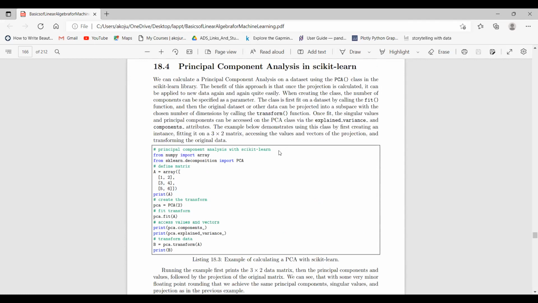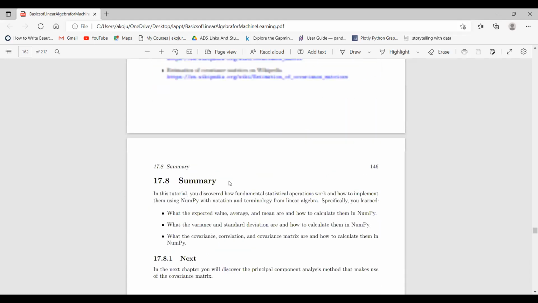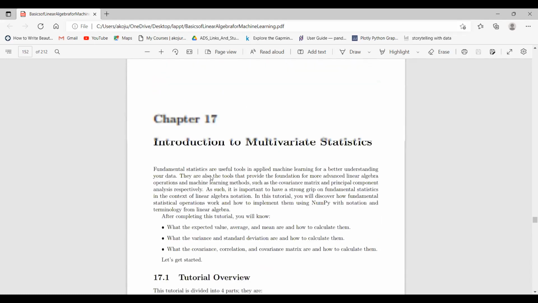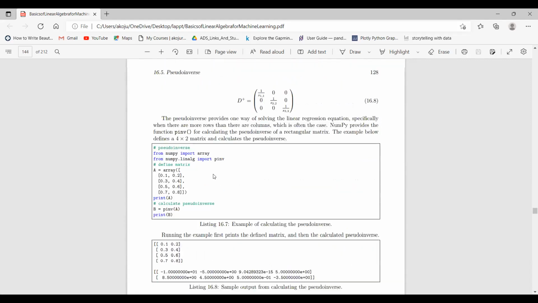I will move on to the next topic, that is SVD. In SVD, we first need to know what decomposition is.